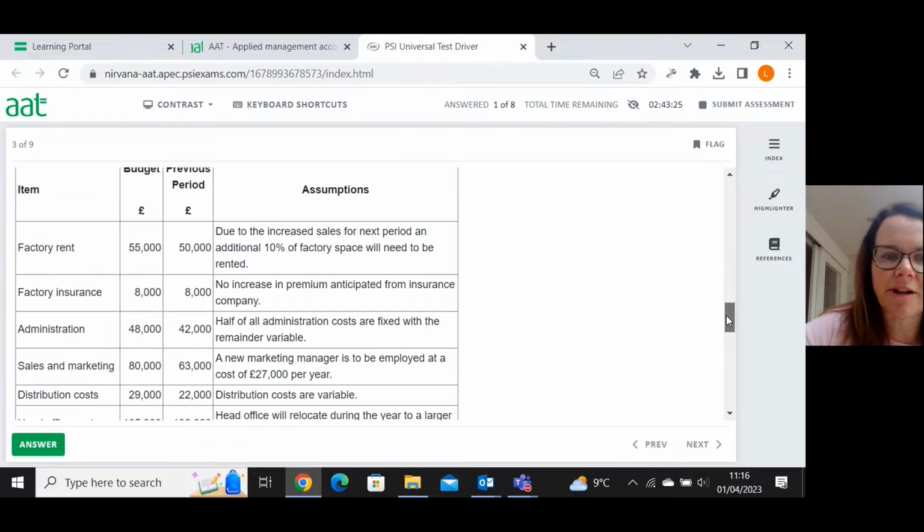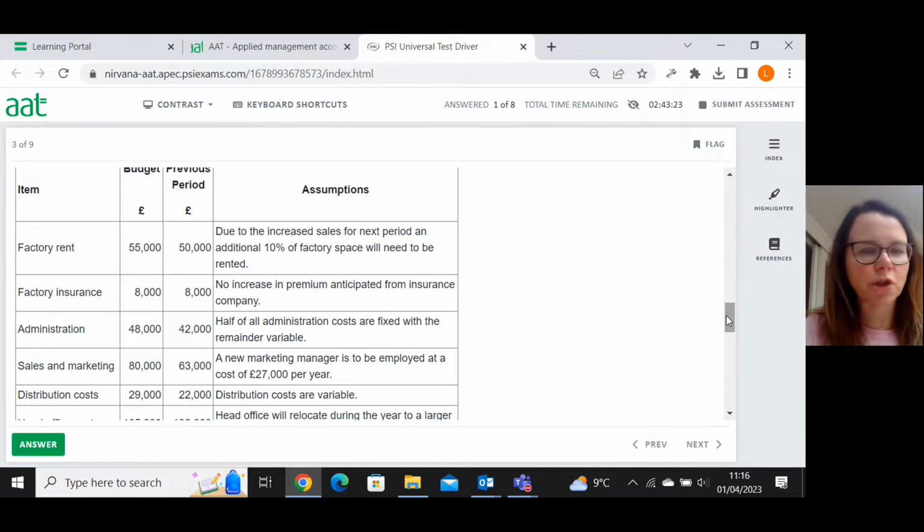So I won't type the rest, but factory insurance, it says no increase in premium anticipated from the insurance company. So my question here would be, well, do the insurance company know that we are looking to rent more space, have a bigger factory, have more in it?